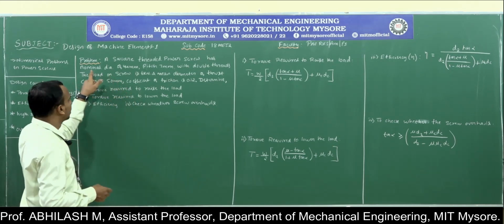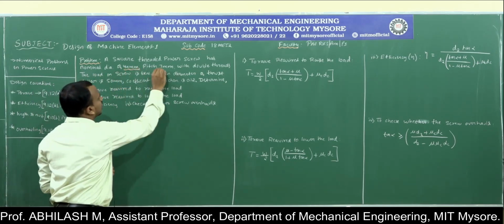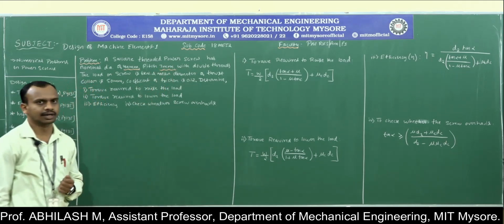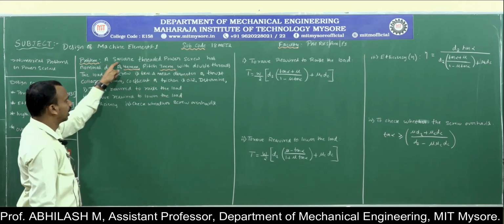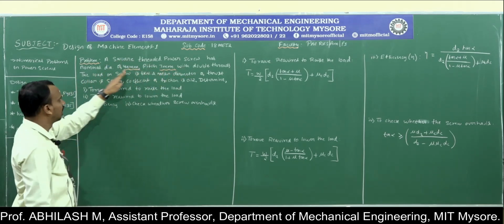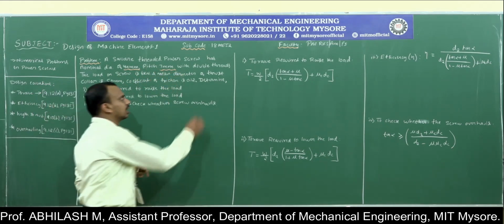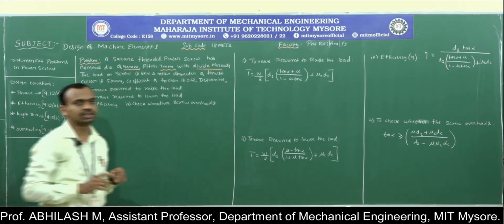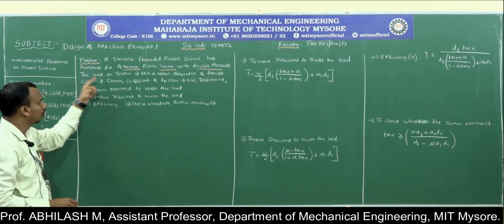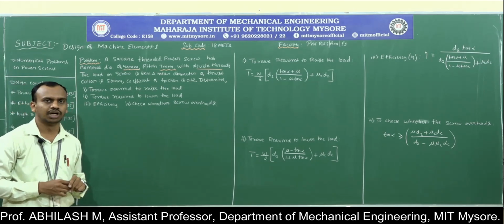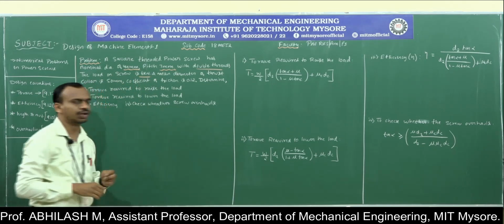So here they have given the nominal diameter of 44 millimeter and a pitch of 7 millimeter, with double threads. So the number of starts on the screw is double. The load on the screw is 6 kilonewton.